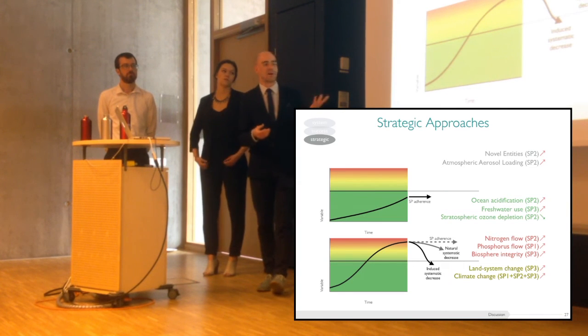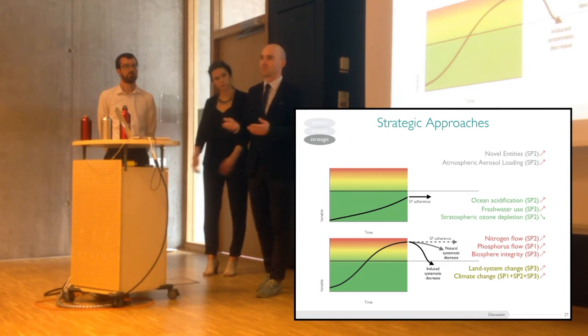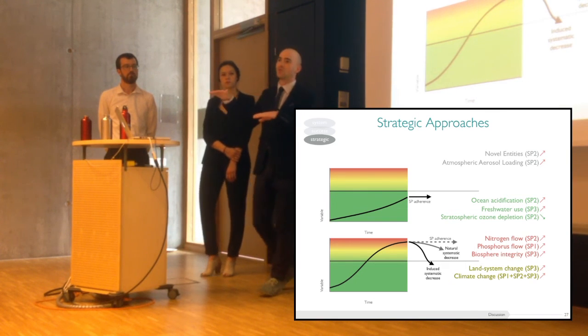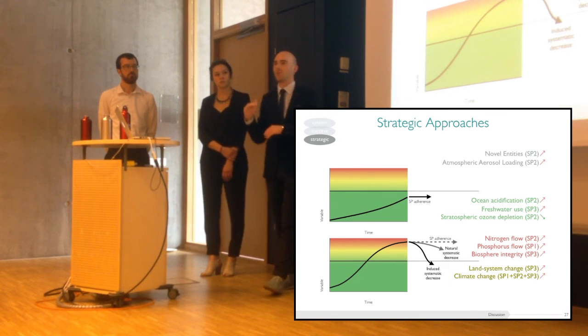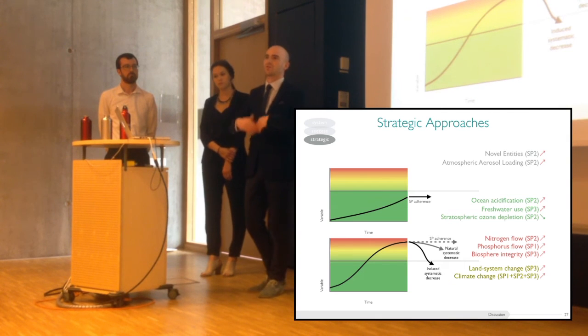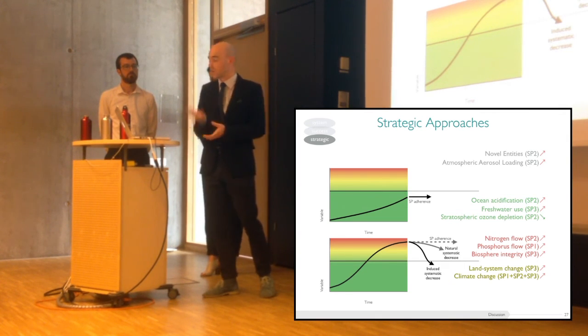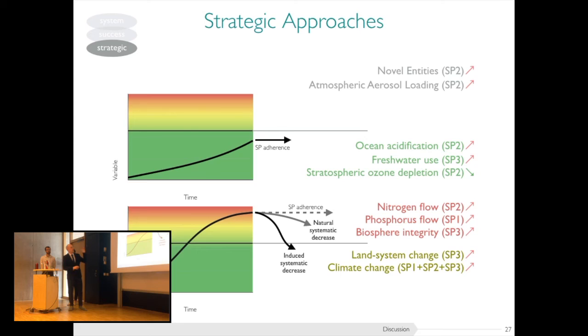The same goes for biosphere integrity. Obviously, we can't bring back species that have gone extinct, but we can level the extinction rate and bring that rate back into the safe operating space. So we make sure that we are governing that boundary and not increasing the extinctions. However, with land system change and climate change, the scenario is a little bit different.